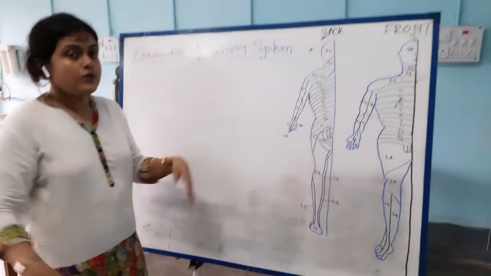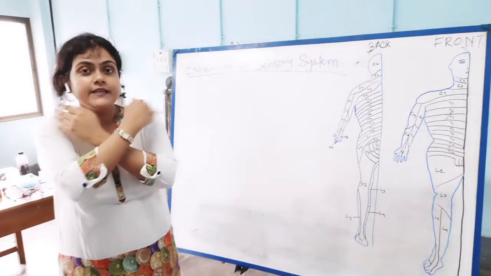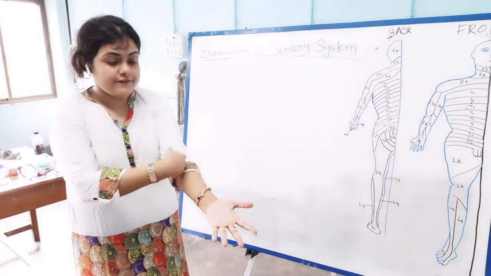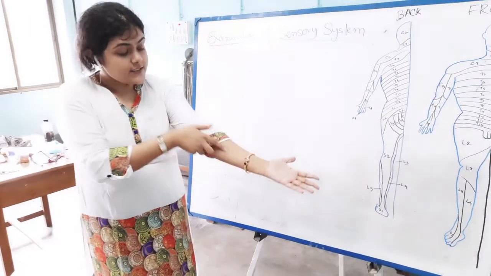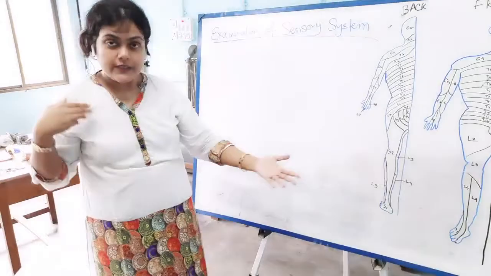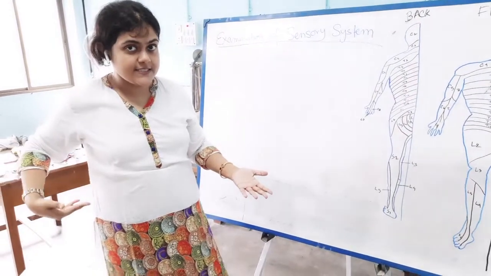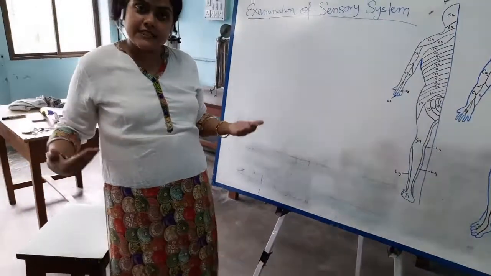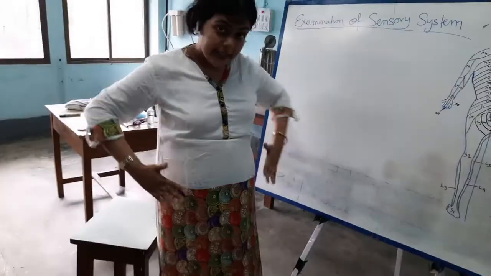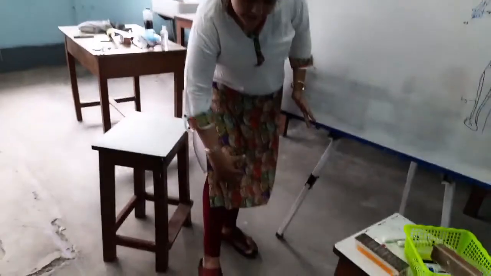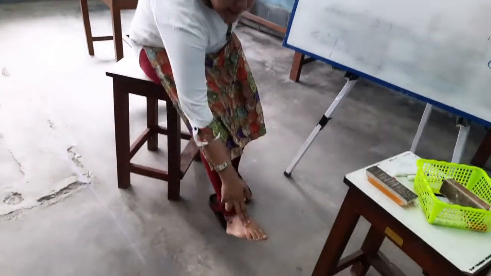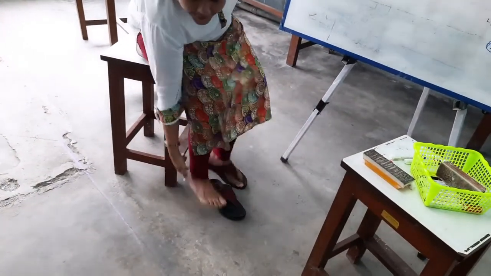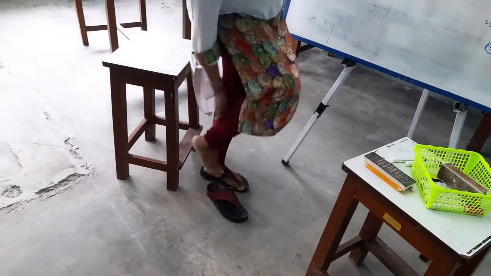Okay. So C2, C3, C4, C5, C6, C7, C8, T1, T2, T3, T4, T5, T6, T7, T8, T9, T10, T11, T12. Okay. L1, L2, L3, L4, L5, S1, S2.